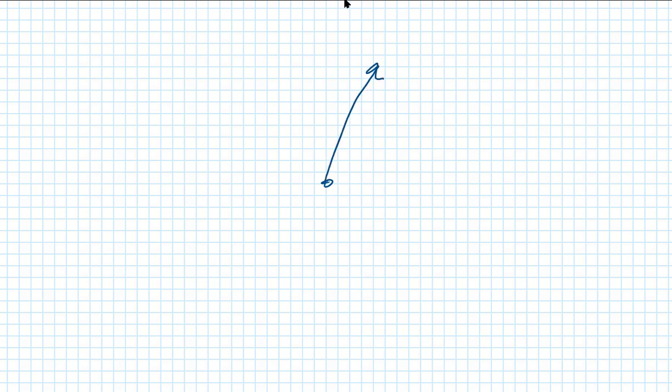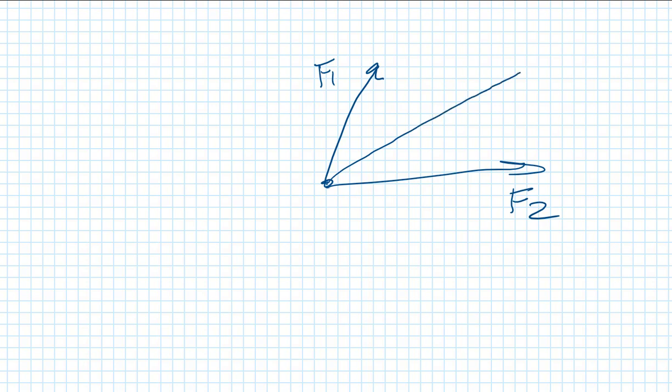One's in this direction, and one is in this direction. So this would be force 1, and this is force 2. The resultant force is as if you were to replace both these forces with one force that would represent it. So it would be somewhere in between here, and it would be the force resultant. It is acting as if that is the resultant force.